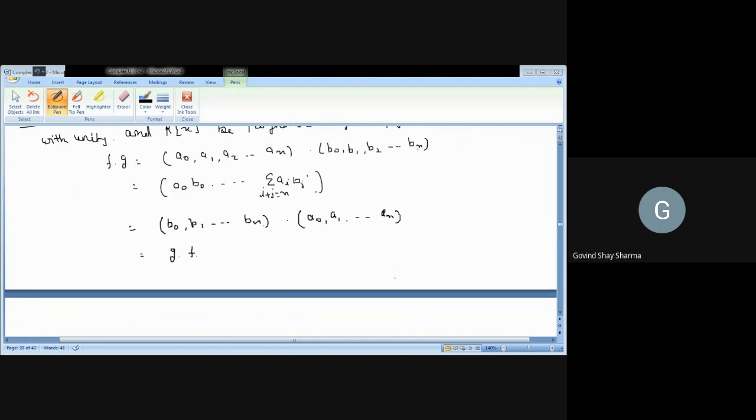And 1 is equal to (1, 0, 0, ...) in R[x], the identity element.